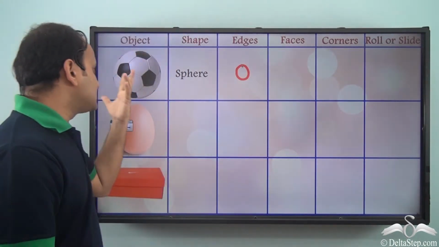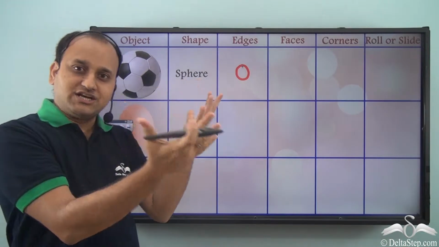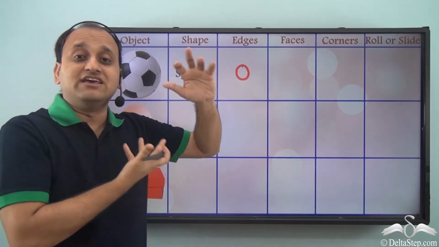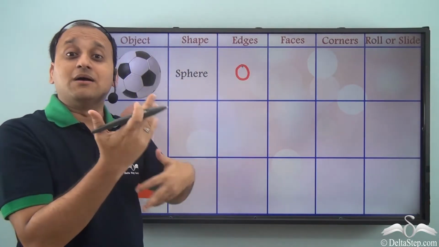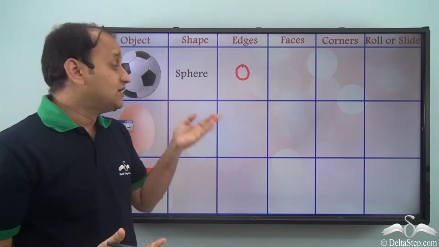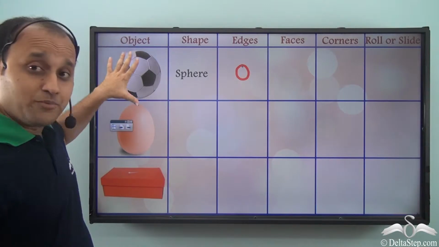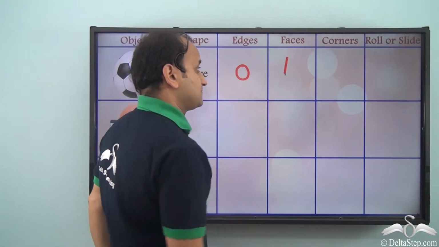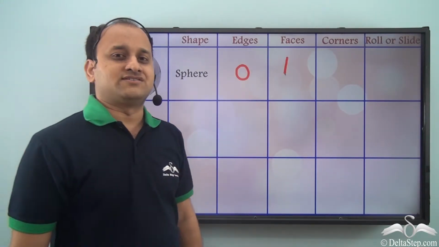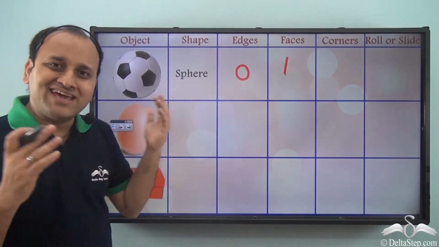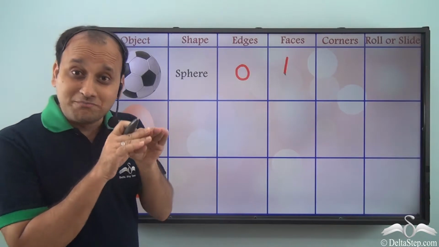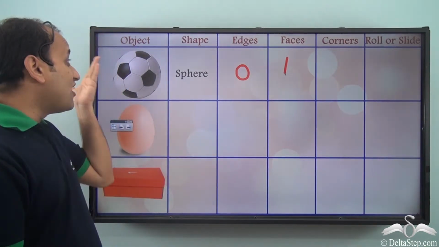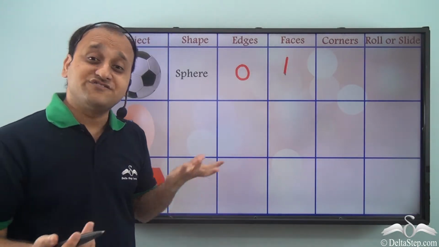Now what about faces? Well, definitely it has a face. If you touch it, you find a face, but that's the only face. You don't have a number of faces in the case of a sphere. So when we talk about a football, which is spherical in shape, it has just one face. Now what about corners? Well, we don't have any edges, so edges don't meet, and we do not have any corners in the case of a football or a sphere.